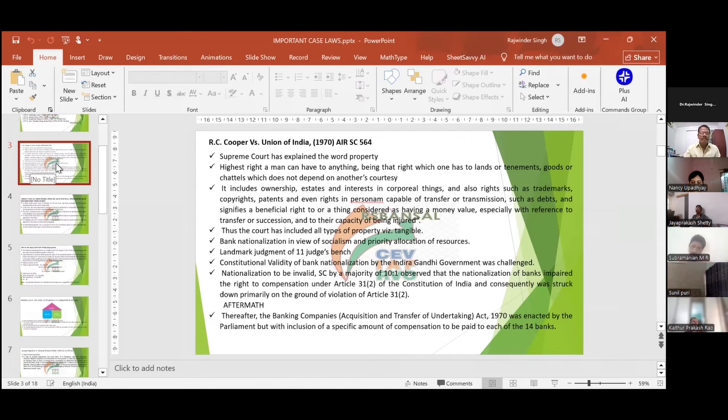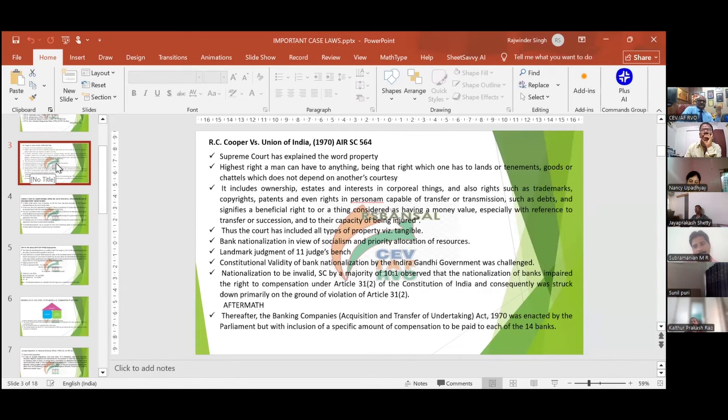Or if it is R.C. Cooper versus Union of India, it means you have to tell that it gives the definition of property, meaning the highest right a person can have. Friends, for examination purposes, you need to remember a few keywords which will reflect the name of the case, or the name of the case related to a few keywords, for easy remembering.